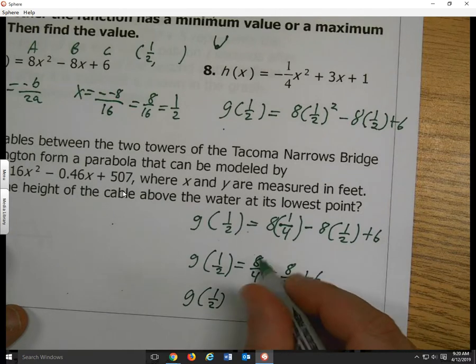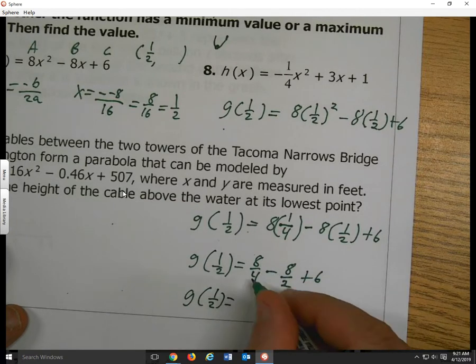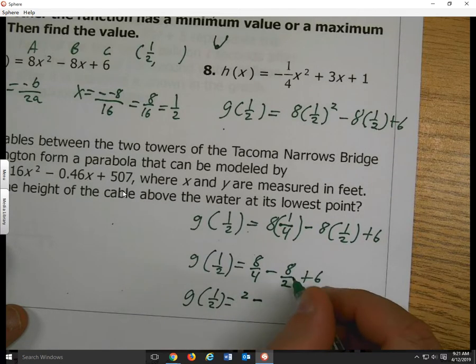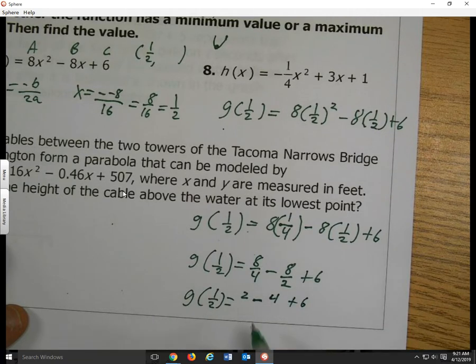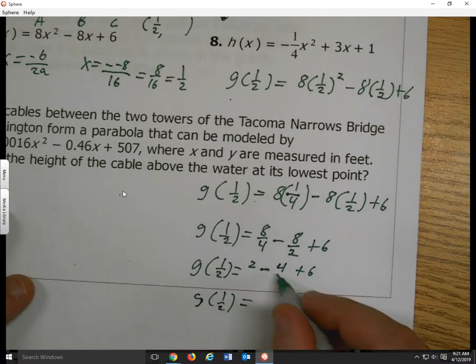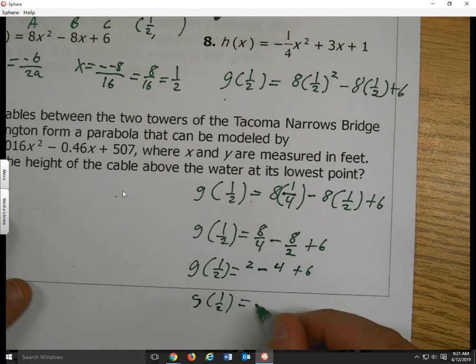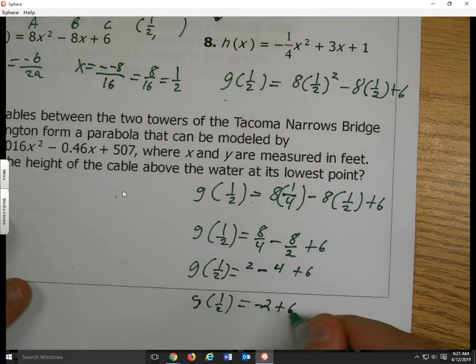Let's divide this side by a 4. 4 goes into 8 2 times, 4 goes into itself 1. So it's just a 2. 2 goes into 8 4 times, 2 goes into itself 1 time, just a 4. Makes it pretty simple. So 2 minus 1 plus 6. 2 minus 4, if we do the left one first, is a negative 2 plus 6.